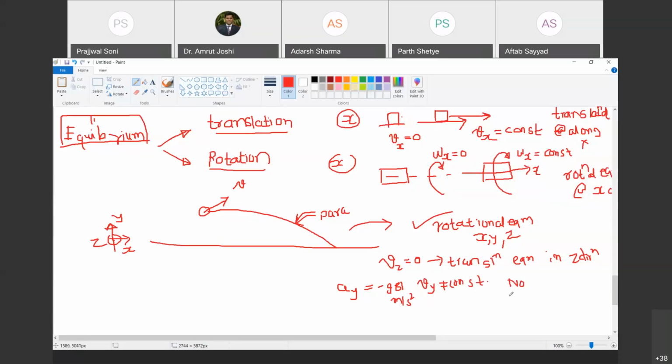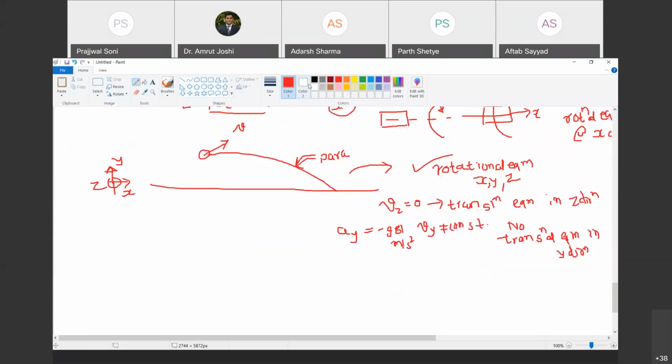Do you agree with me? Yes sir. No translational equilibrium in Y direction. And what about X direction? Sir, no translational. Pardon? No, if we neglect the air resistance, Vx is constant. Do you agree with me?